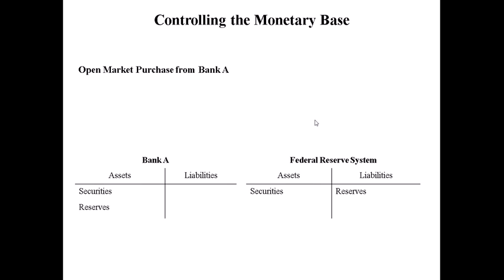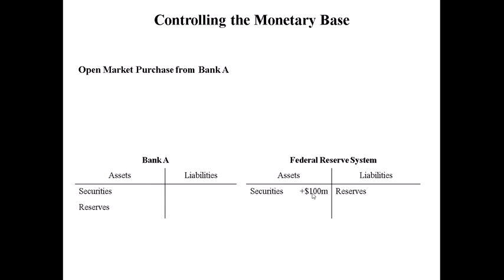Okay, let's look at an open market purchase that the Fed conducts with Bank A. When we say open market purchase, we're talking about the Fed purchasing treasuries from Bank A. So the Fed gets securities from the banks.